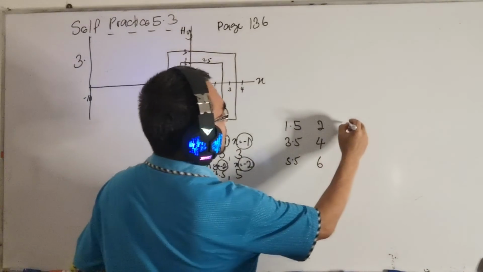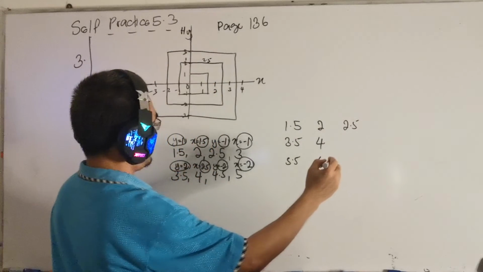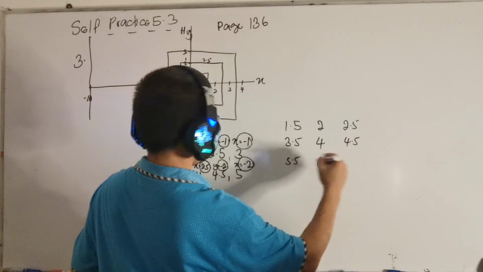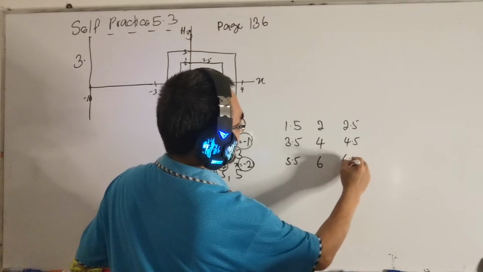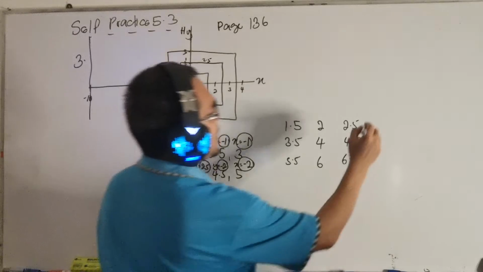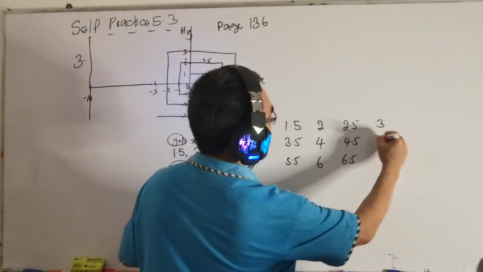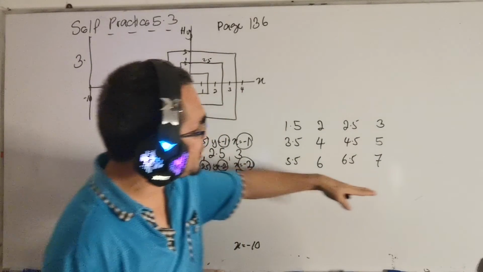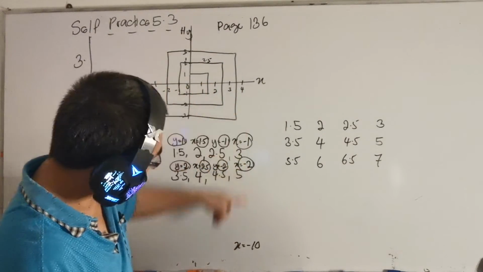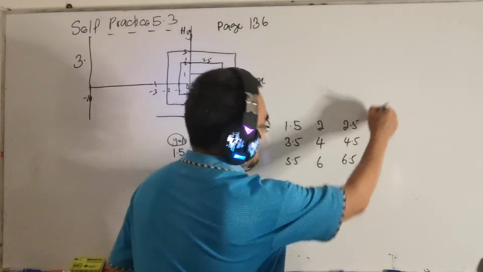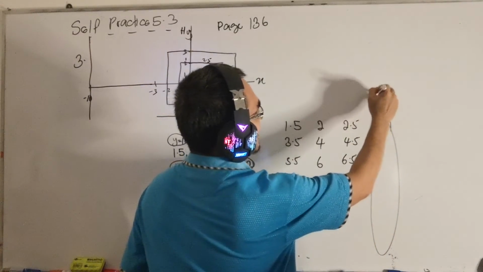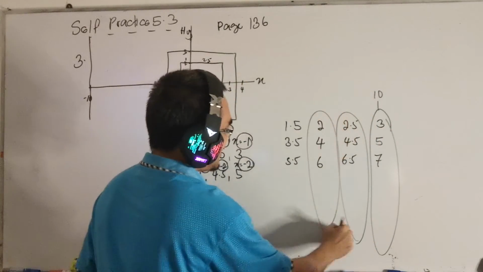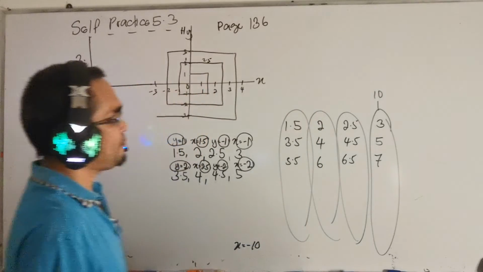Then we have 2.5, 4.5, 6.5, and 3, 5, 7. And it will continue. Since I know this line has 10 numbers, there are 10 numbers here, here, and here.